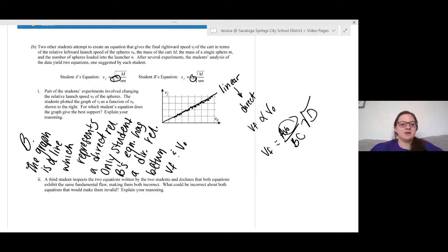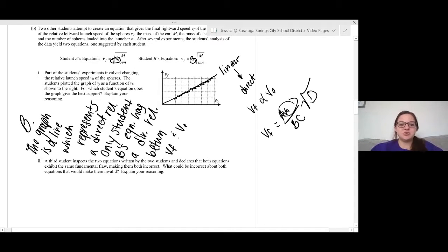Okay. So then part B2: a third student inspects the two equations written by the two students and declares that both equations exhibit the same fundamental flaw, making them both incorrect. What could be incorrect about both equations that would make them invalid? So if you were thinking while looking at these, we've never done a problem dealing with momentum where there are square roots. It's very strange that student A and student B have square roots in their equations.